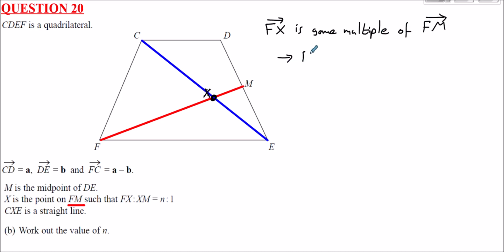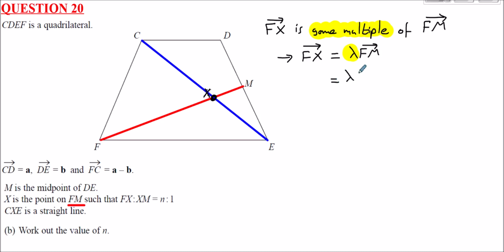So I'm going to say that FX equals lambda FM. So I'm just going to let this multiple, I've said some multiple, that multiple I'm just going to say is lambda. Okay? So it's lambda lots of FM.